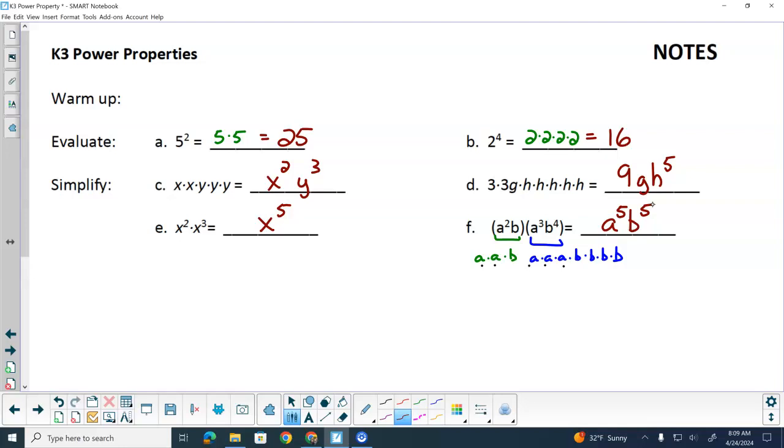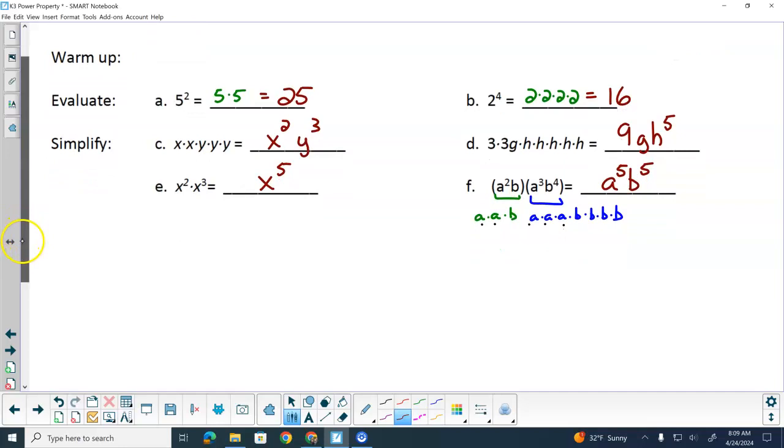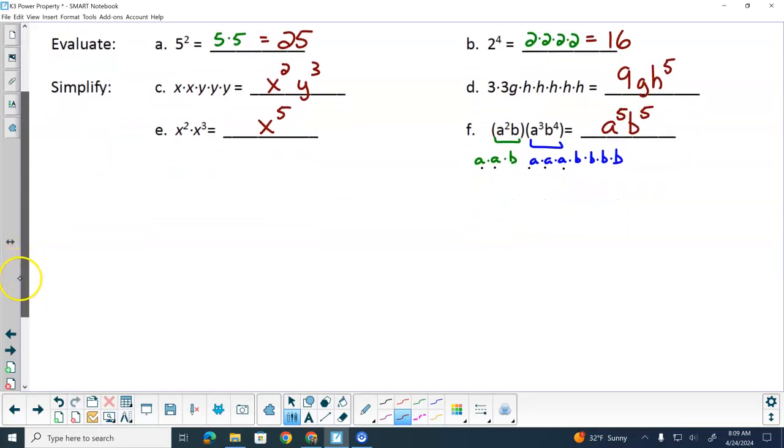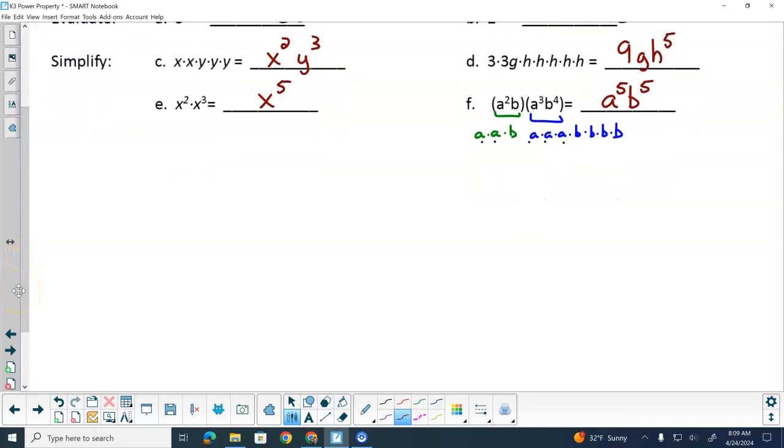No? Nailed it? Okay. Before we go on, kind of like what we did in letters A and B, we're going to combine all this stuff. So if I have something along the lines of m to the fourth power, what does that mean? 4 times.